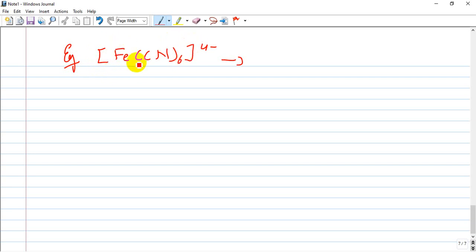First we write the metal, then the ligand, and if the ligands are more in number, we use a small bracket, and after that bracket we write the number of ligands present. Then we close the square bracket and indicate the charge. Because it carries a negative charge, we call it an anionic complex.